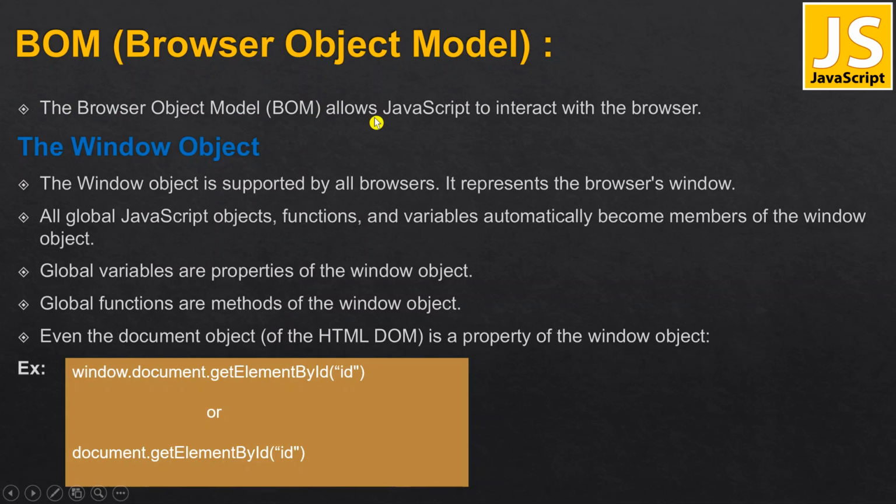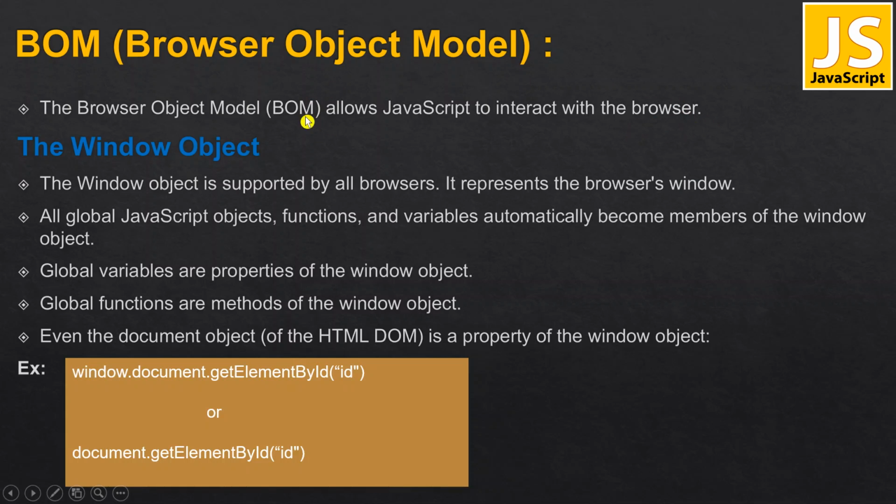The browser object model allows JavaScript to interact with the browser. Very clear. The BOM allows JavaScript to interact with the browser. In the DOM concept, the DOM allows JavaScript to manipulate the HTML elements inside the HTML document, right?